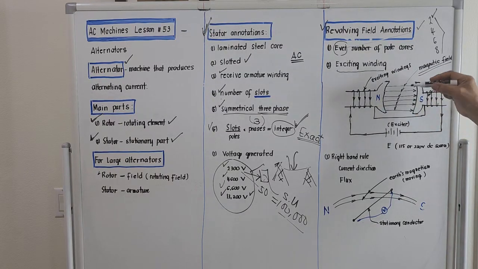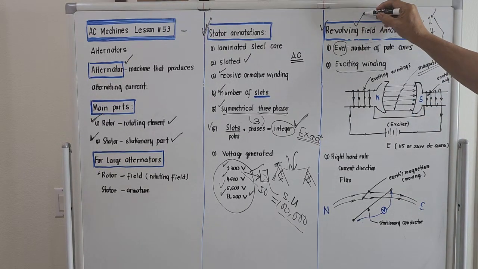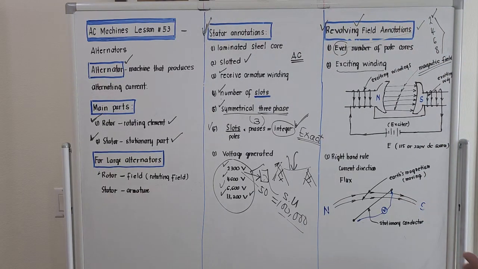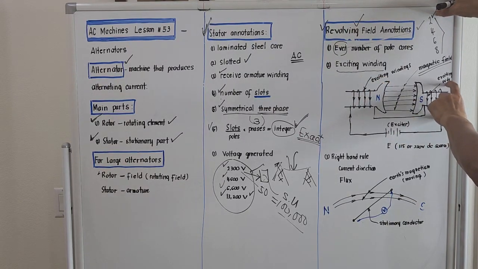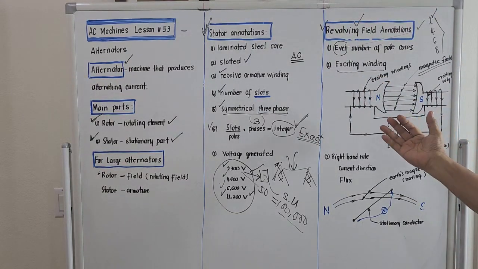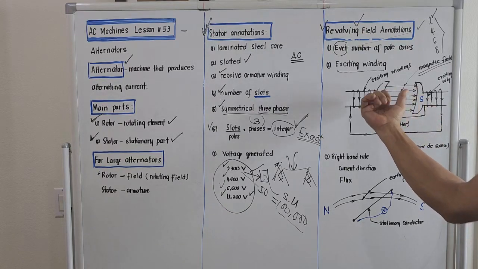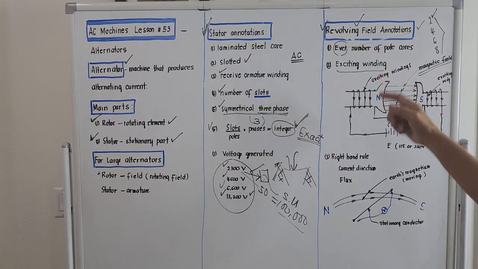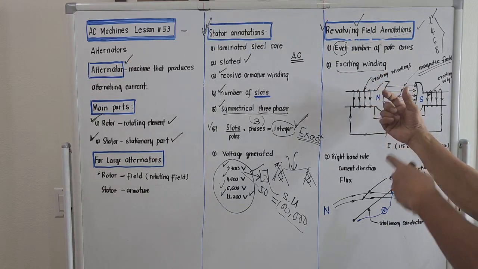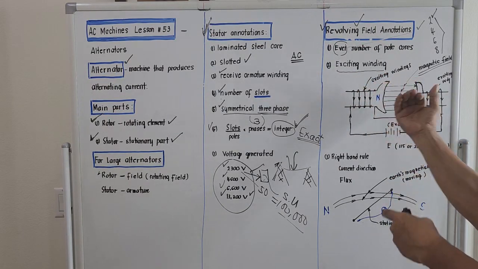And this flux is actually revolving, it seems like it's moving. Because if this is north and this is south, we use the right hand rule here. The curling of the fingers goes with the direction of the current, and the thumb points to the direction of the flux produced.